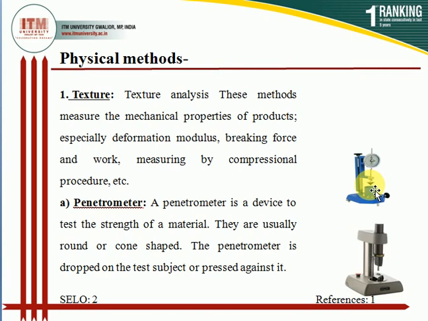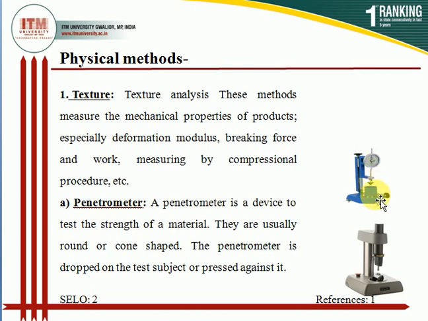So by this penetrometer we can measure the maturity of the product or fruit, and the texture of the product. In the penetrometer there is a pin-like structure, and this pin presses on the surface of the material and measures the force by this watch.